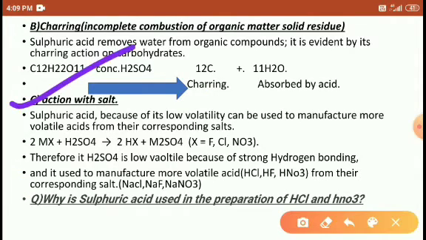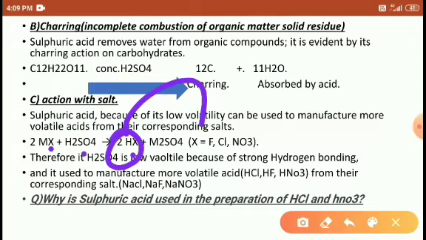Action with salt. Because sulfuric acid is low volatile, it can be used to manufacture a more volatile acid from the corresponding salt. For example, MX reacts with H2SO4 to form HX.